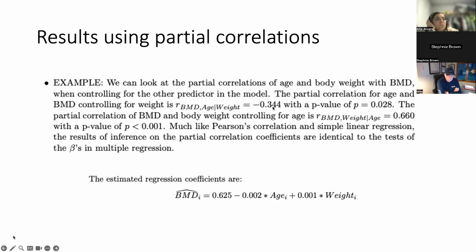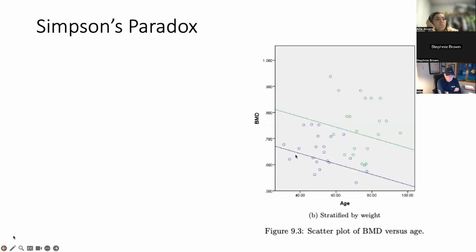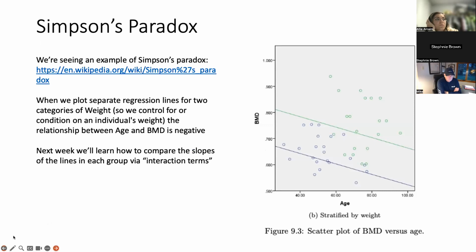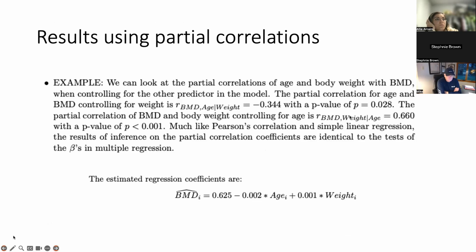It's not super strong, but it's negative. And we see that in the graph, that matches that linear relationship in the graph, right? And then similarly, the relationship between BMD and weight controlling for age is positive, right? So as your weight goes up, your bone mineral density goes up. It makes sense.